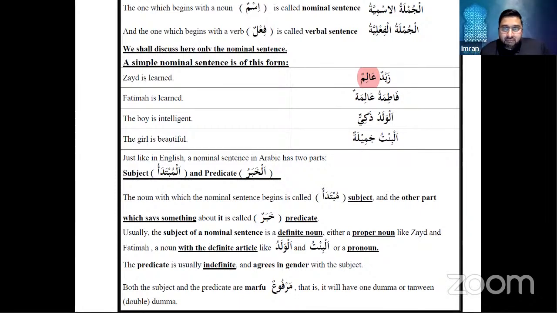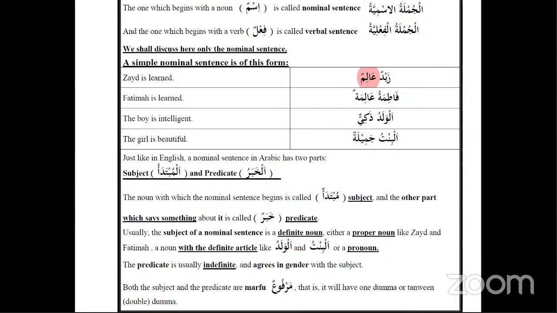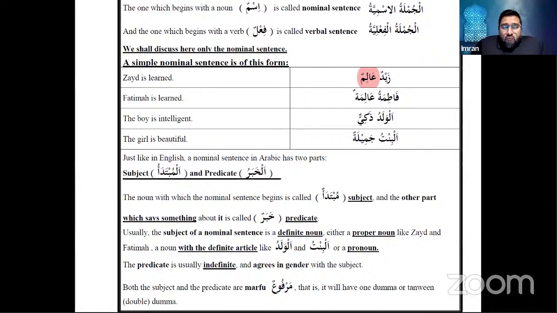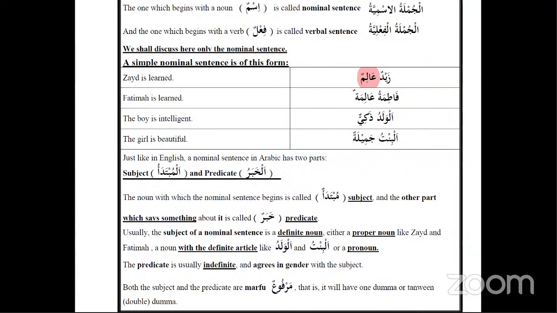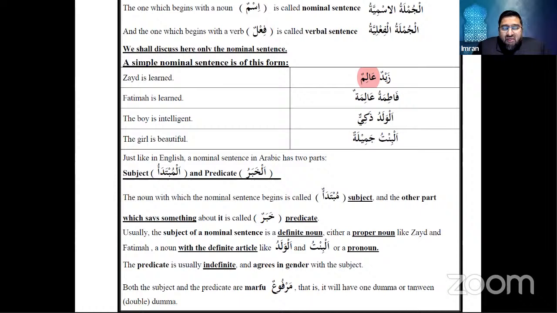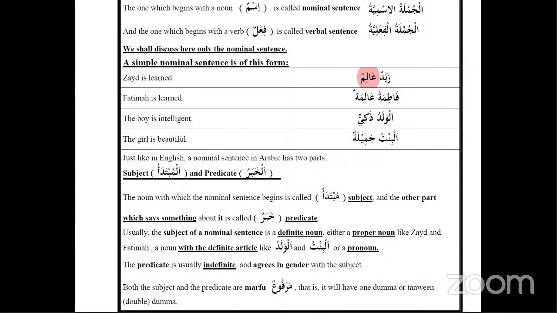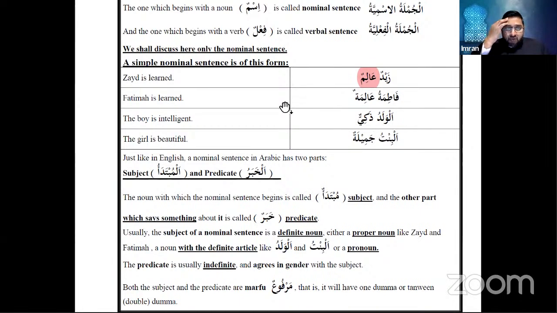Excellent. So waladu and dhakiyun have the same ending, because it started with a noun. Dhakiyun is the predicate, so the predicate has the same form as the subject. Yeah, absolutely.